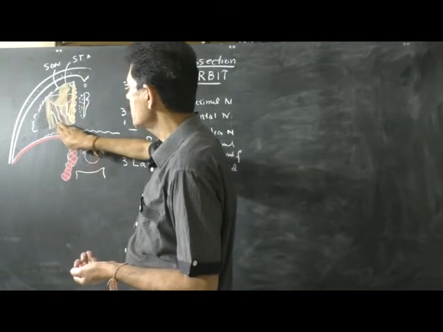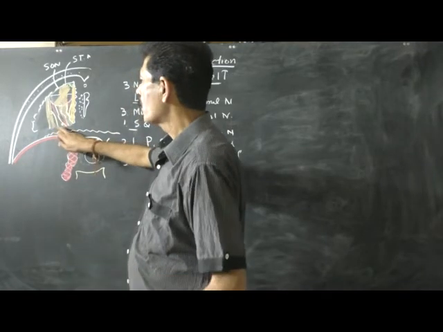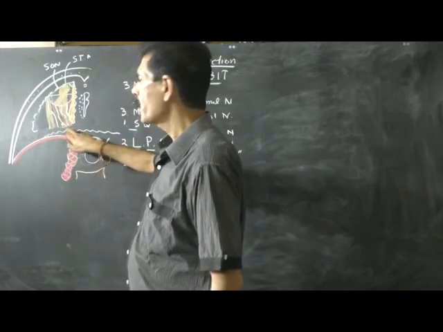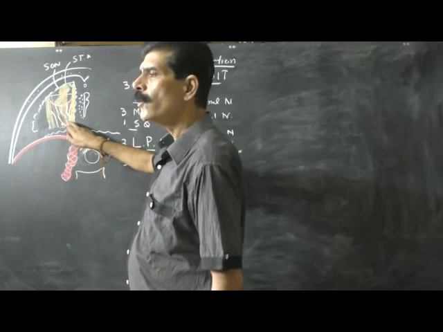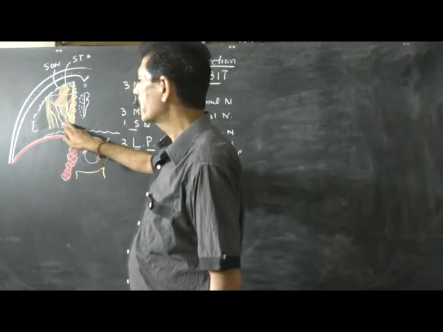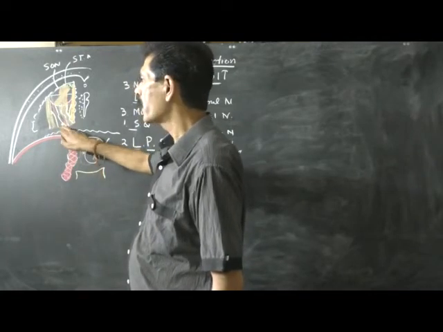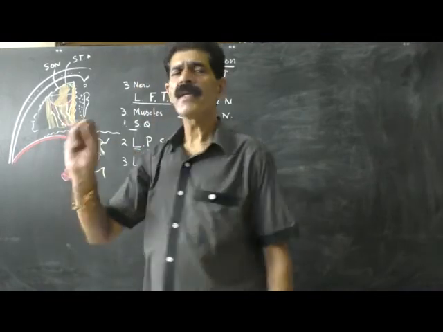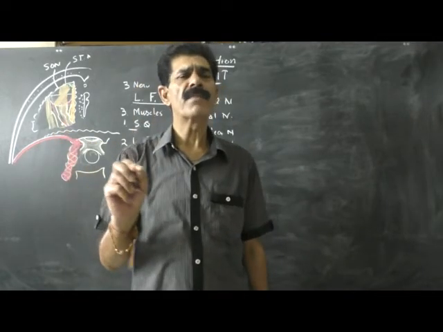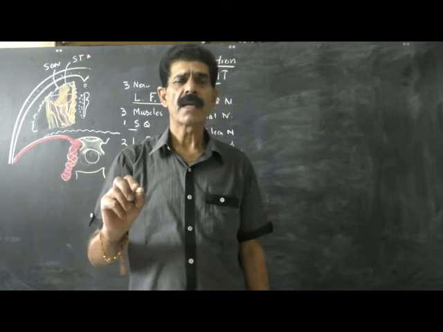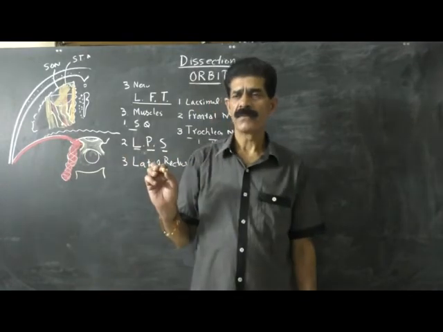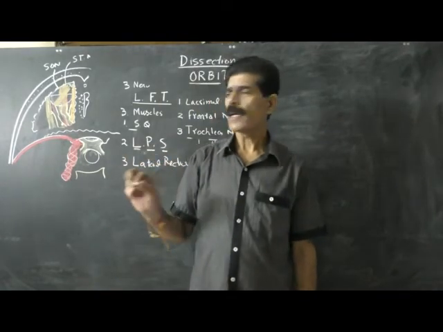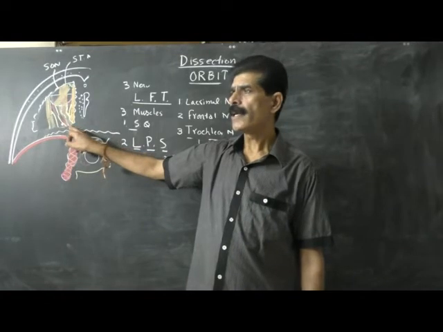So this is the ciliary ganglion. Anatomically, it lies near the apex, lateral to the optic nerve and medial to the lateral rectus. It is very small, 1 to 2 mm, what is called pinhead size. So this small ganglion is situated near the apex of the orbit.